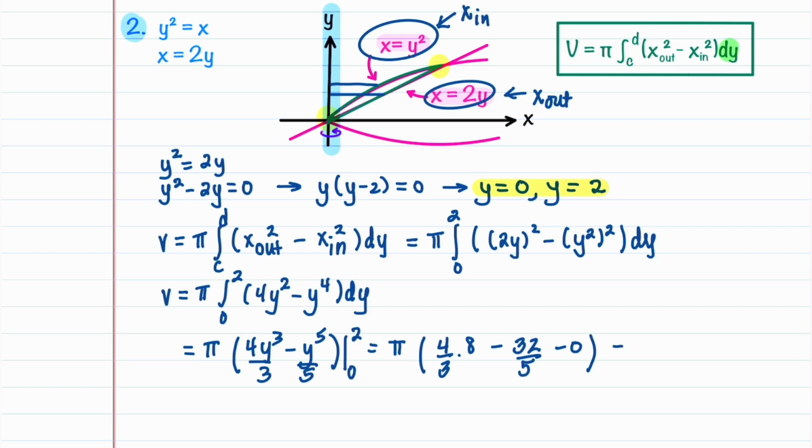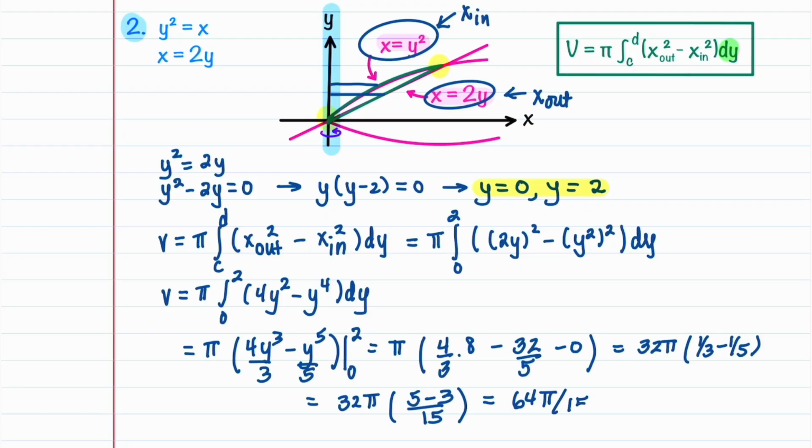To make this easier, let's pull out the 32, so we have 32 pi, and then we have 1/3 minus 1/5. We get a common denominator of 15, this is going to be 5 minus 3 over 15. So 32 times 2 is 64, and this gives us 64 pi divided by 15.